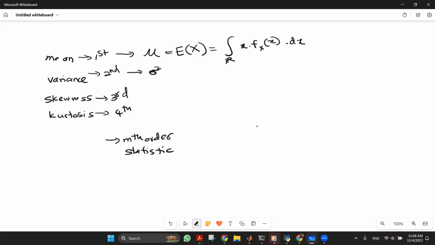And then the sigma squared, or the variance, I can write as expectation of (x minus mu) squared, right?